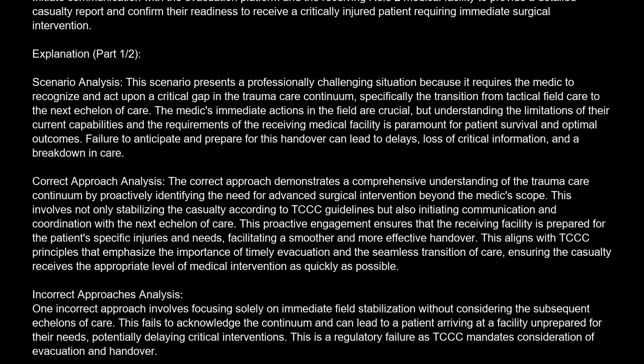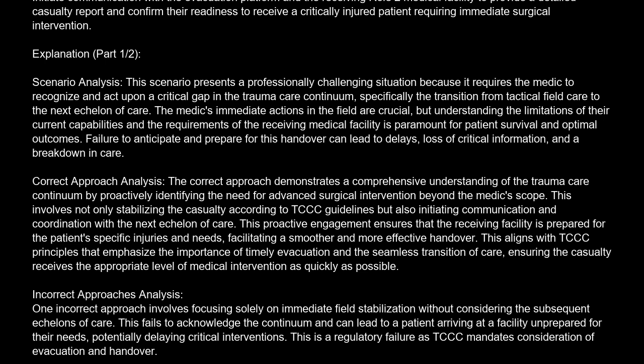Correct approach analysis. The correct approach demonstrates a comprehensive understanding of the trauma care continuum by proactively identifying the need for advanced surgical intervention beyond the medic's scope. This involves not only stabilizing the casualty according to TCCC guidelines, but also initiating communication and coordination with the next echelon of care.